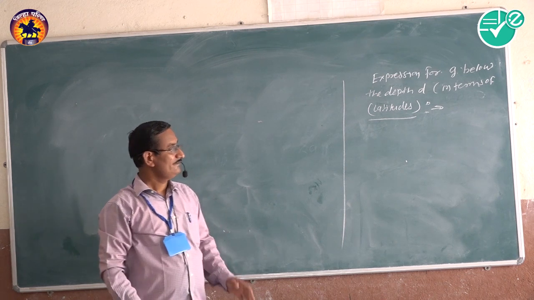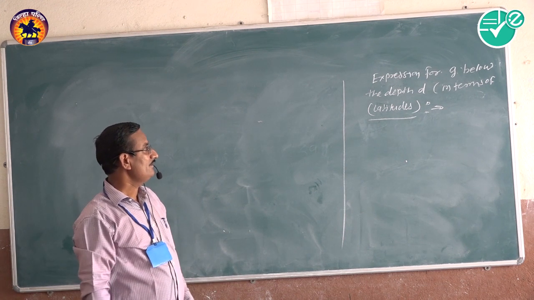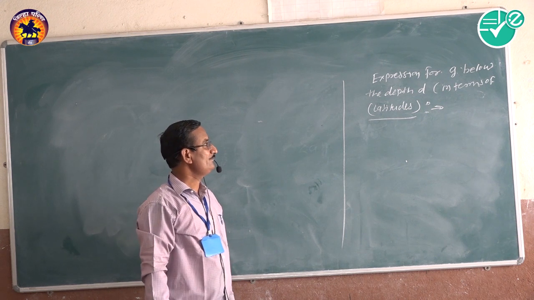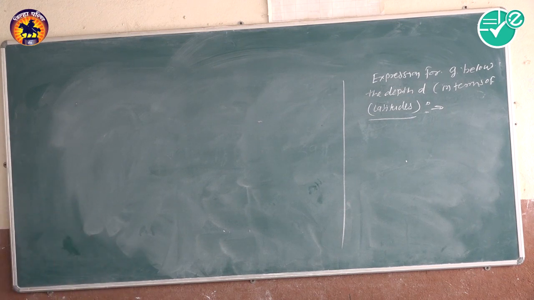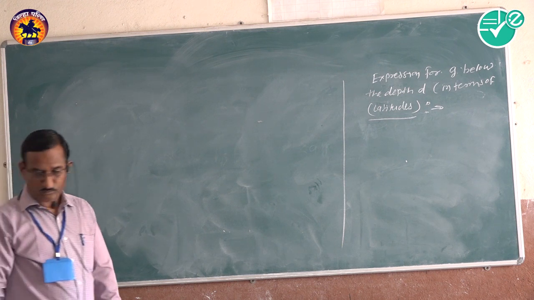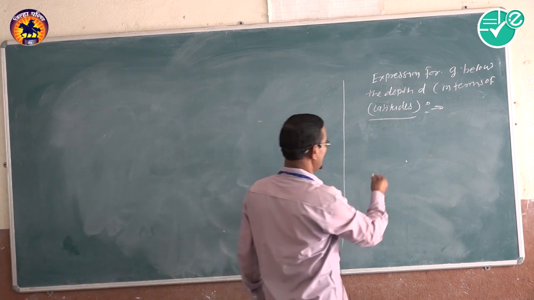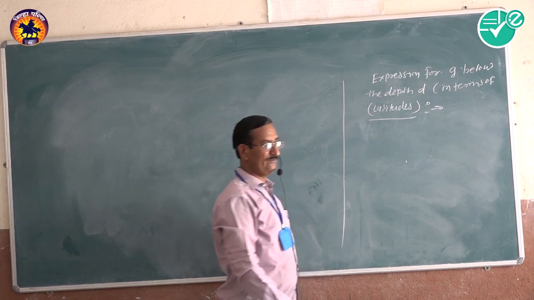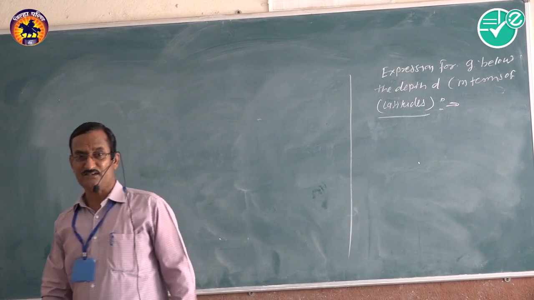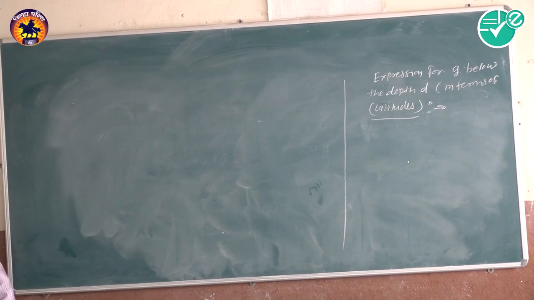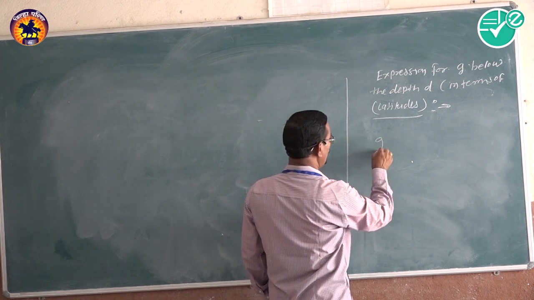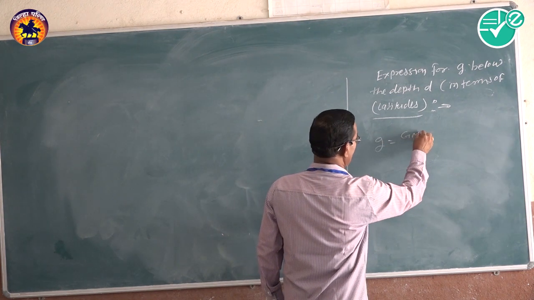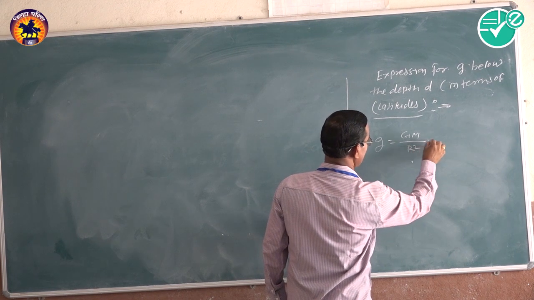We have to see the acceleration due to gravity below the depth d in terms of latitudes. We have to know that the acceleration due to gravity on the surface of Earth, small g, is equal to G capital M divided by R square.